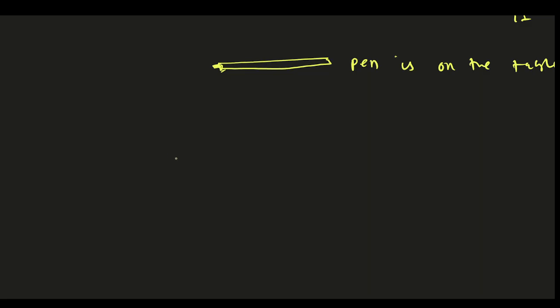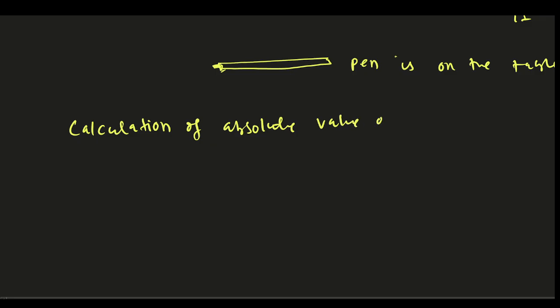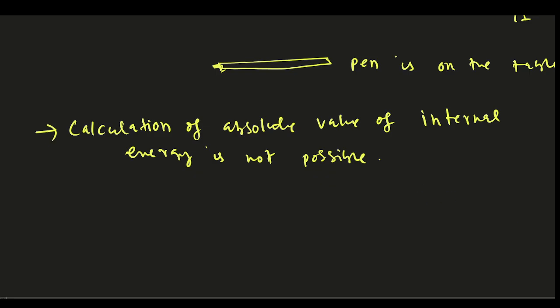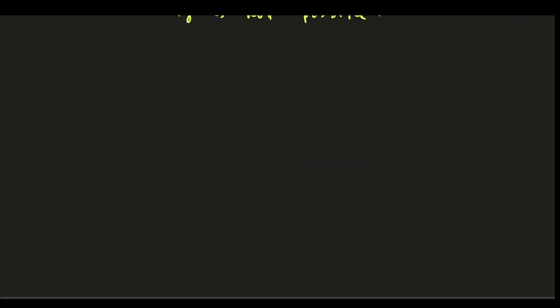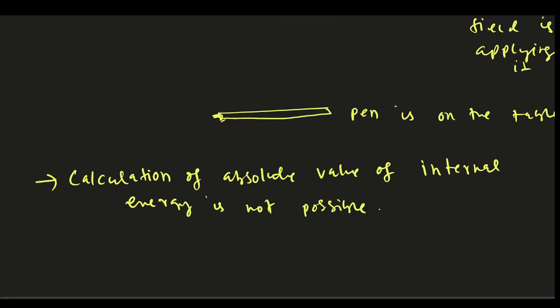So it is very difficult to calculate the absolute value of internal energy. Calculation of the absolute value of internal energy is not possible, because we have to say that no external field should be applied, it should be an isolated system, and that cannot be possible.